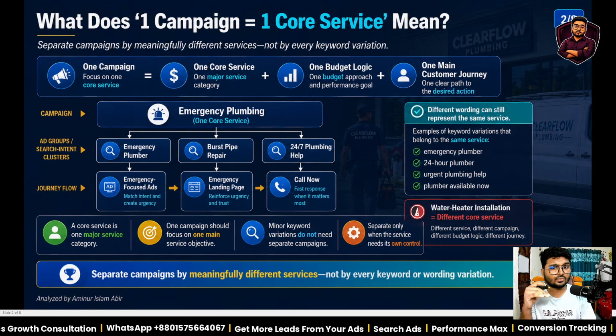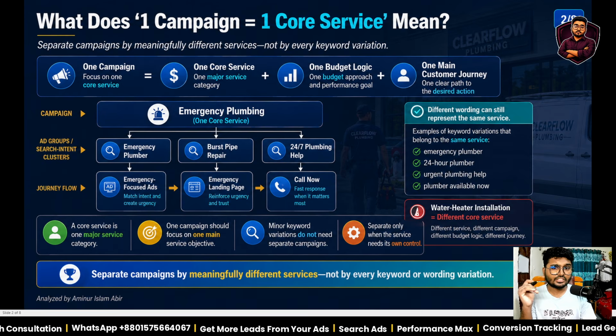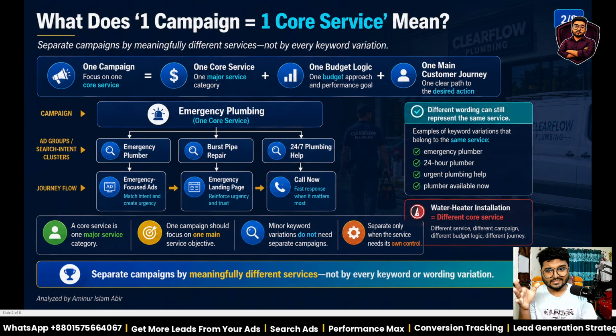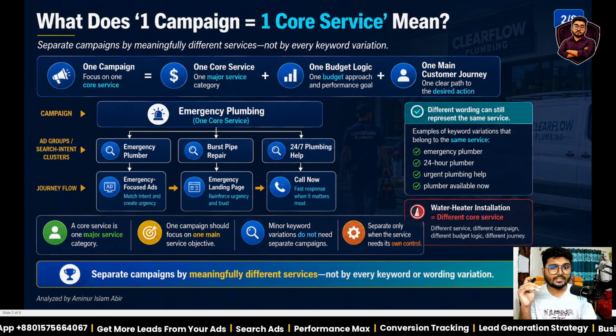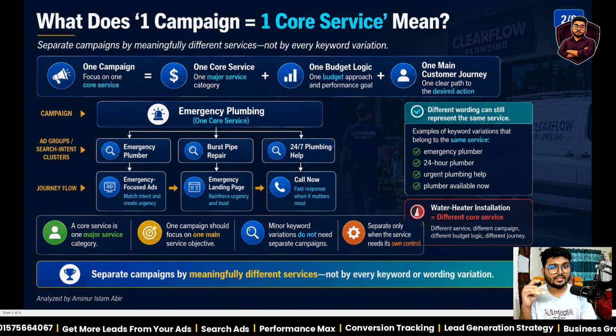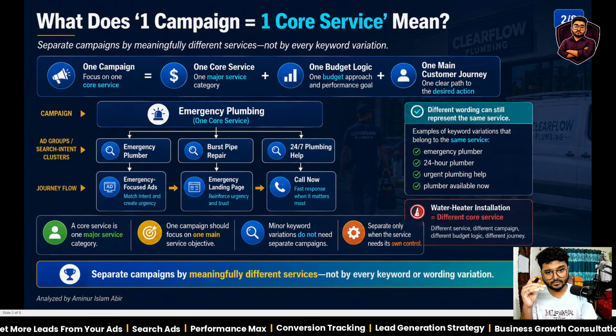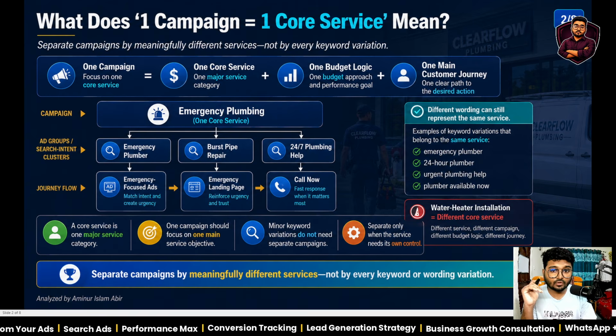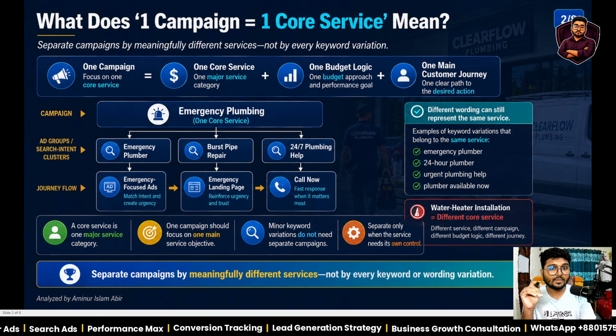These searches use different wording but share the same core intent: immediate plumbing assistance. The structure may look like campaign: emergency plumbing, then emergency plumber ad group, burst pipe ad group, 24-hour plumbing ad group. Each ad group can use emergency focused advertisements, emergency landing pages, and a direct call.